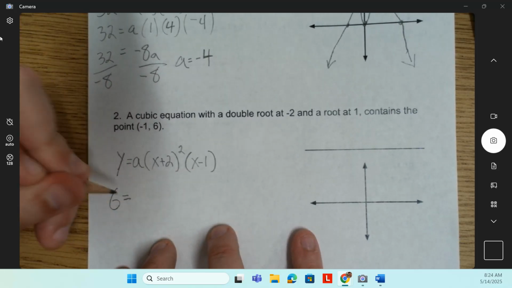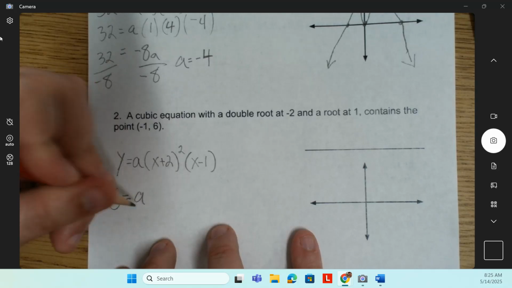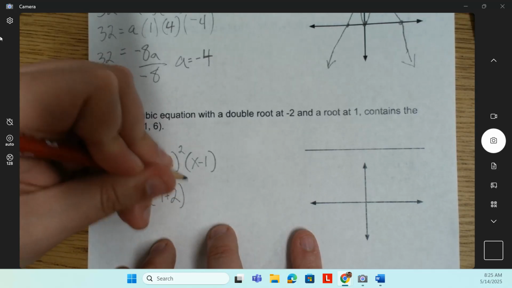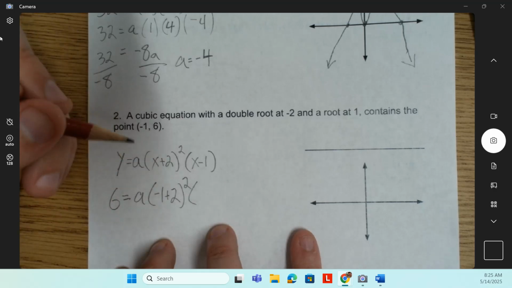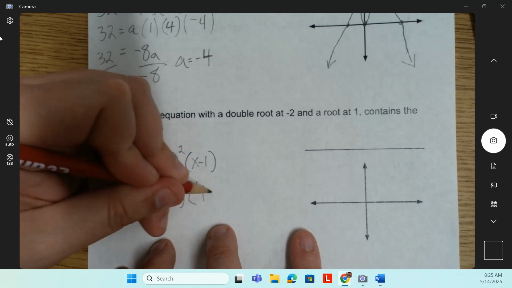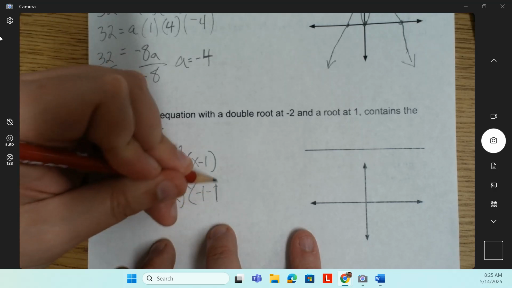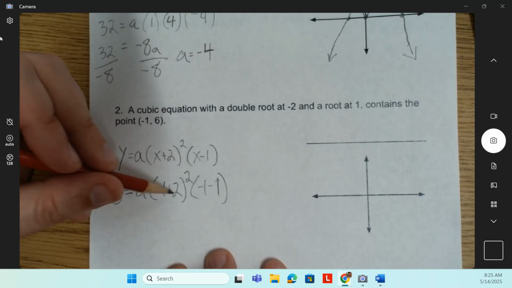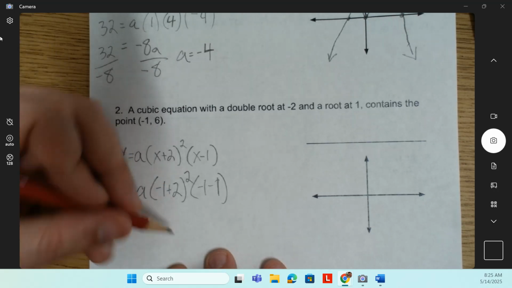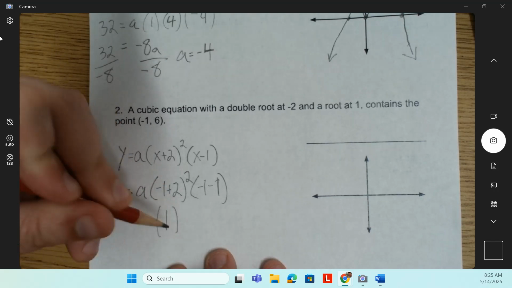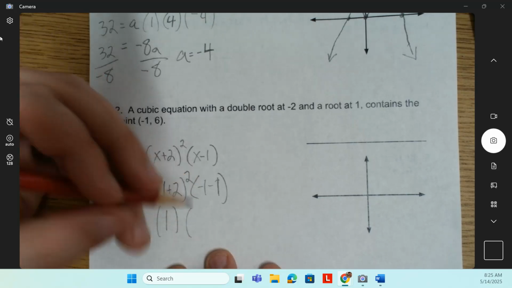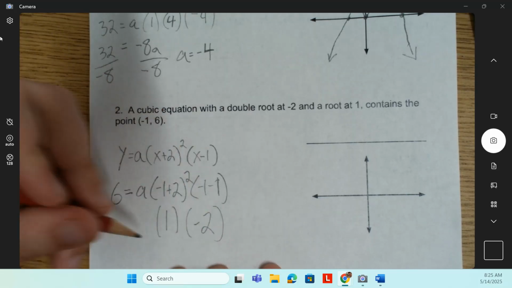So 6 equals a, which we don't know, times -1 plus 2 squared, and then -1 minus 1. So I end up with 2 minus 1 is 1, 1 squared is 1, and then -1 minus 1 is a -2.